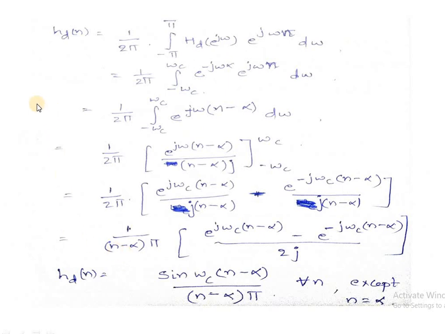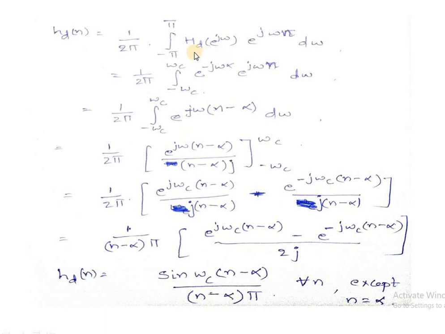And now once we are able to fix this desired ideal frequency response for our FIR low pass filter, let us proceed further to step 3, where we are trying to find out HD of n, the desired impulse response, by using the inverse Fourier transform relation and the HD of e power j omega seen earlier.